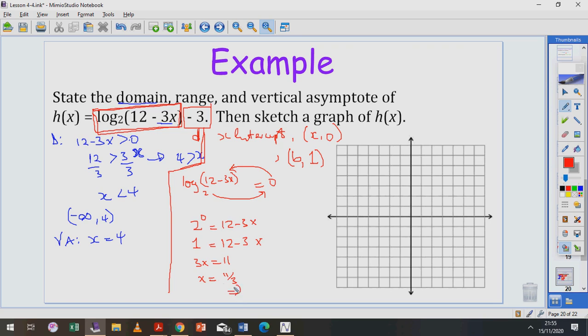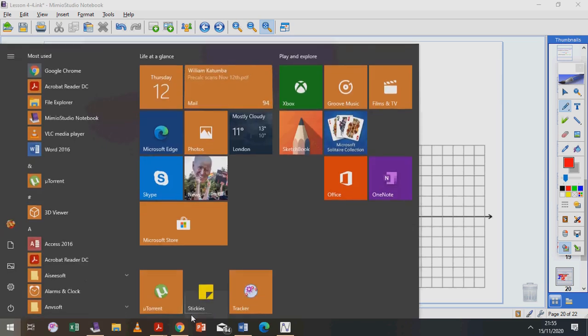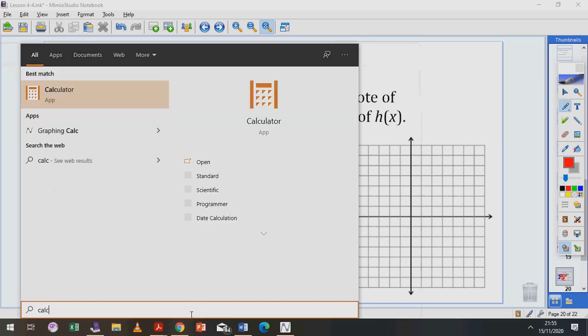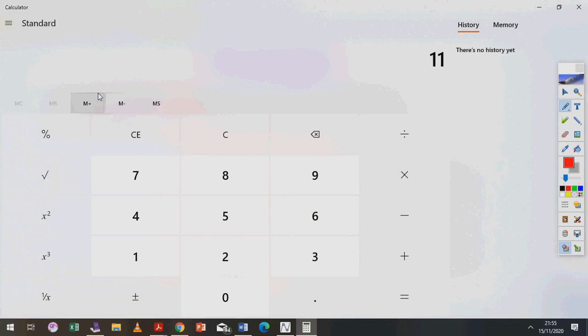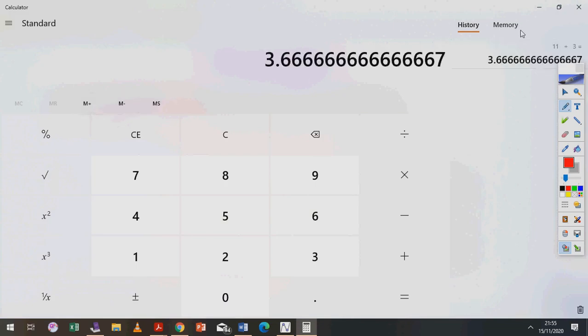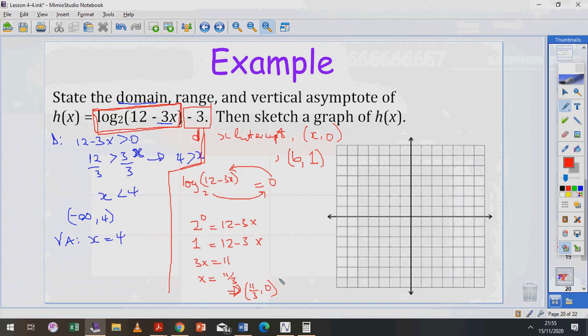So that point is x is 11 out of 3 and 0. And 11 out of 3 is the same thing as, calculator, I think it is 3.3. 11 divided by 3. No, 3.7. So that's 3.7 and 0.